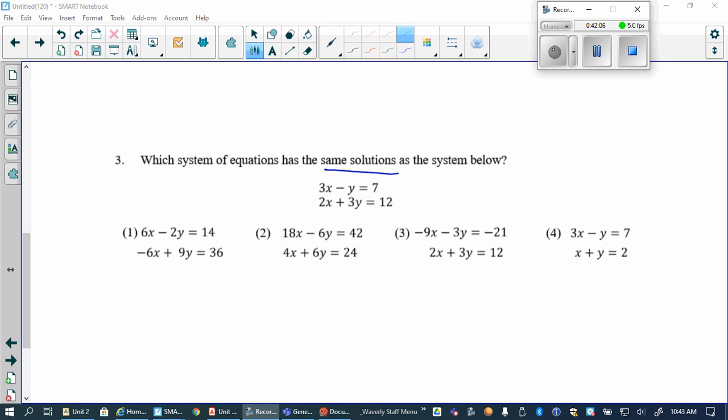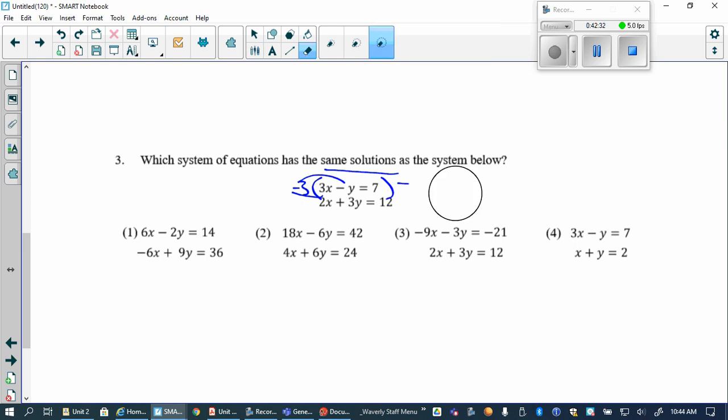And then the bottom stays the same? So negative 3 would give us negative 9x plus 3y, right? So that's not going to work, right?